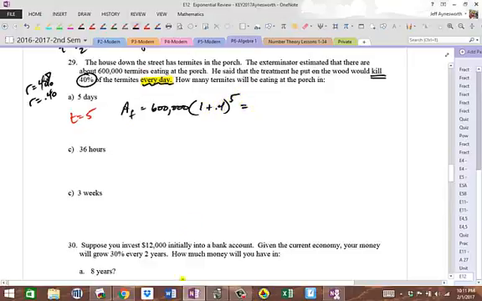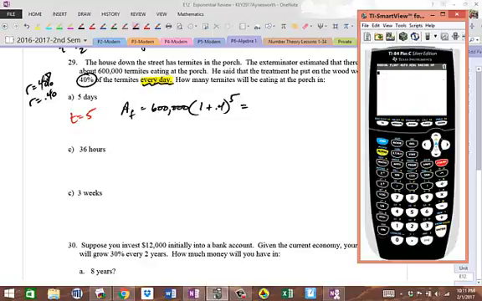Let's compute that. Clear out the calculator, enter in 600,000, multiply by 1.4 raised to the 5th power. That's not correct. Let me try it again. Calculators are great, but if you don't press the right buttons, you're not going to get the right results. So you've got to double check your work. Make sure you enter in 600,000 here.